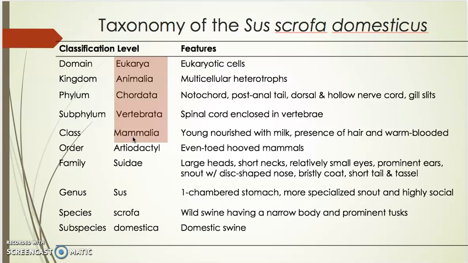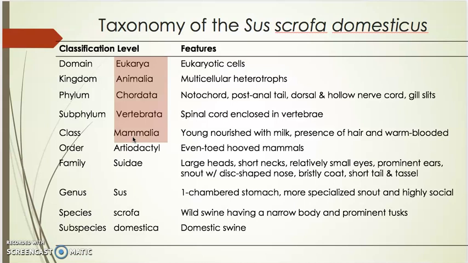The next species is Scrofa, which sounds a lot like scraping, and it refers to that from the Latin. It is having the behaviors of scraping at roots and digging at roots, which of course pigs do.